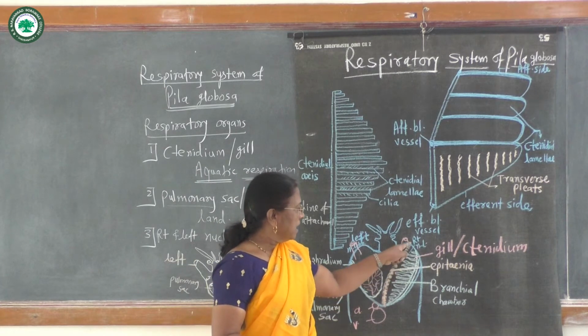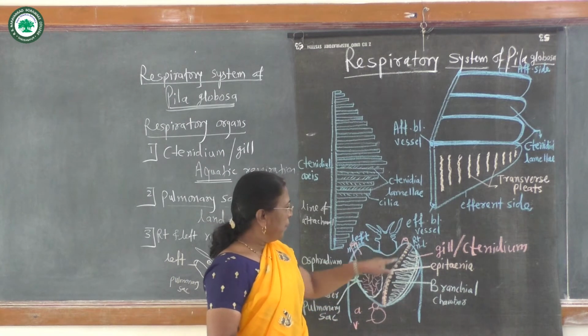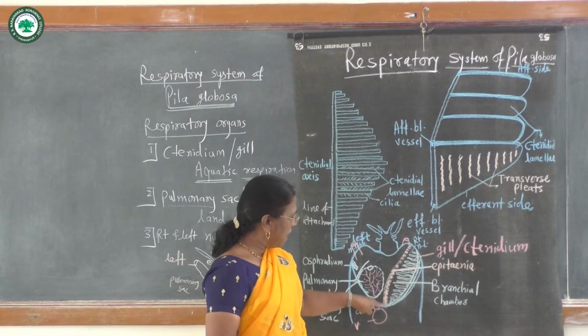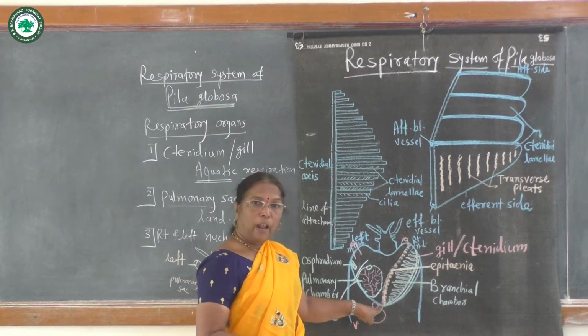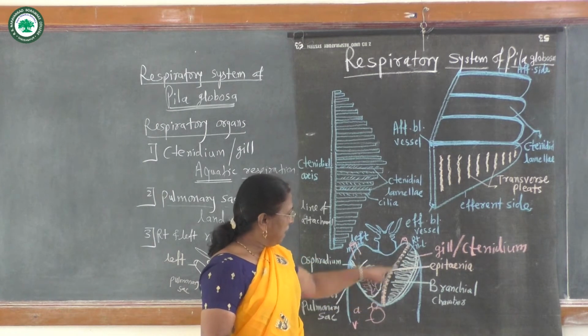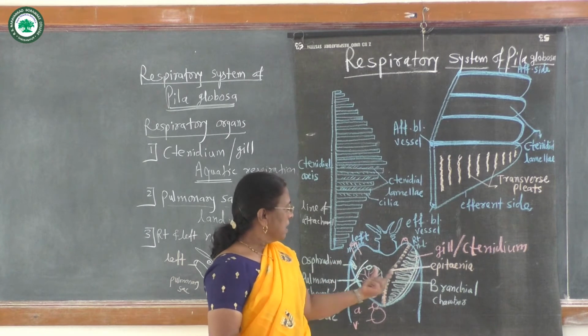It is nothing but a skin fold, which arises from the right nuchal lobe and goes backward up to the end of the mantle cavity. Due to this epithelium, the mantle cavity is divided into two parts.